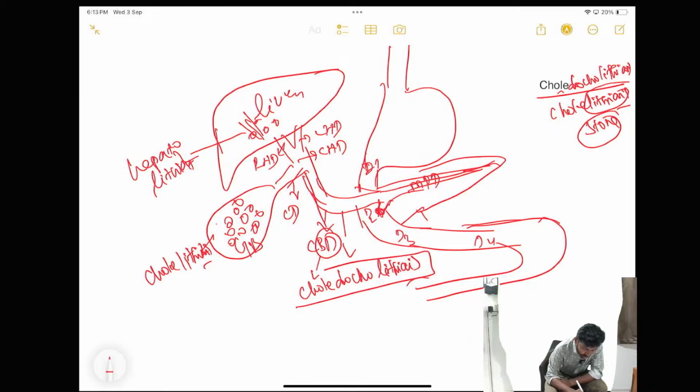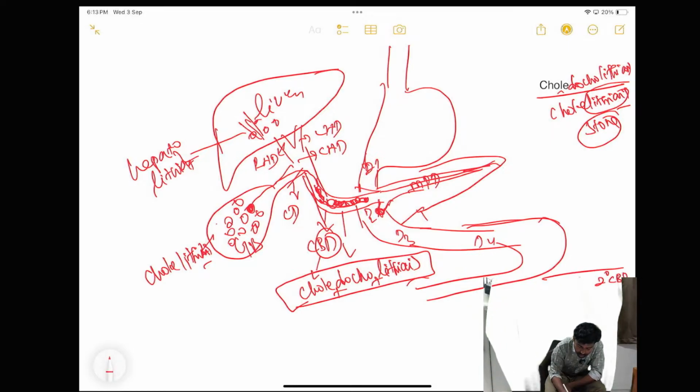Stones in the bile duct are called choledocholithiasis. Stones form here, migrate, and come here. The most common stones in the CBD are secondary stones.